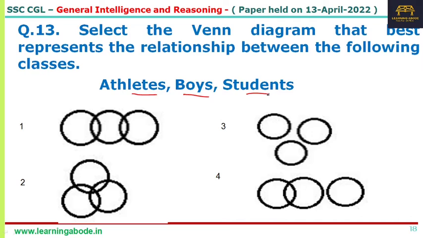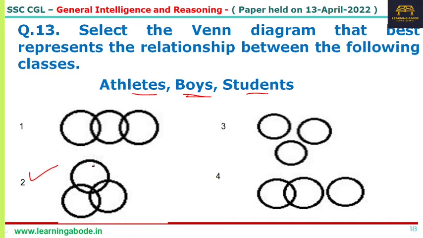Some other group can also be students, some other group can also be athletes. But it is also possible that a boy can be both athlete and student. So what I'm trying to say here is that there is overlapping possible, also there is independency possible. Which means you have to go for the second one.